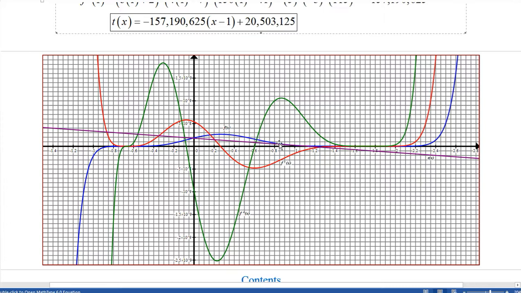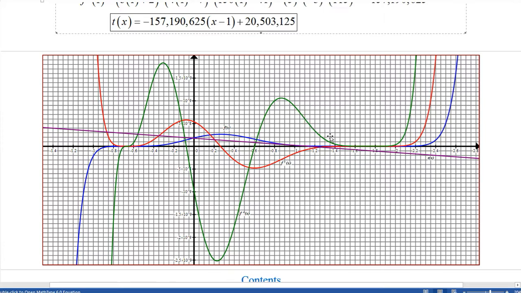Then it continues to decrease here. Notice that the first derivative is still negative down here, but it's concave up. The original function is concave up and decreasing. The second derivative is positive, and the first derivative is negative. Now, somewhere over here, let's see, it continues to come down, decreasing, concave up.